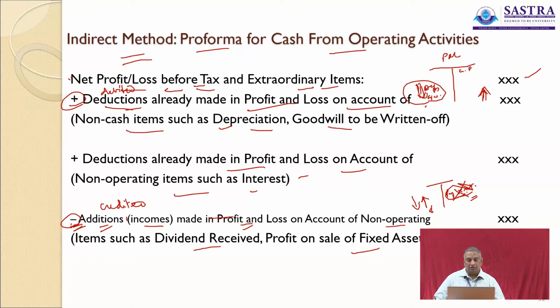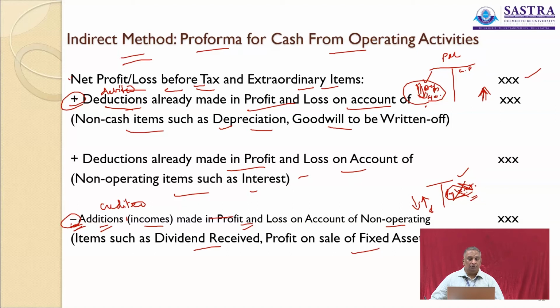So all these additions and subtractions can happen only when these items are debited or credited. That is, non-operating income is credited and non-cash expenses or non-operating expenses are already debited to income statement or profit and loss. Otherwise, you can simply ignore it because this has not impacted your profit.